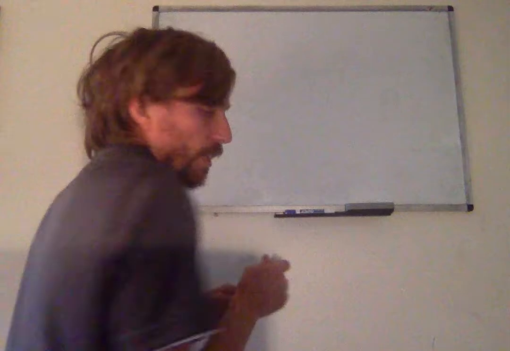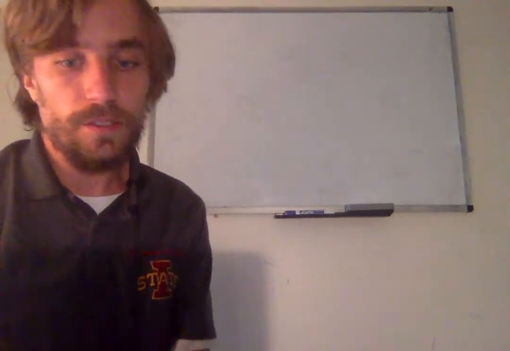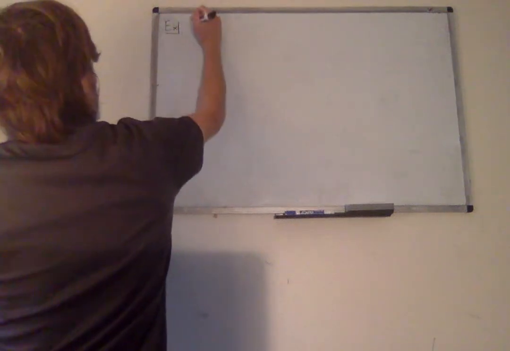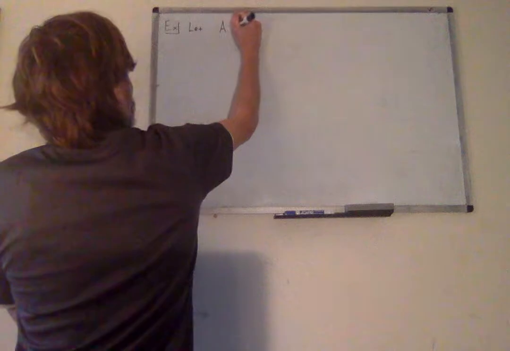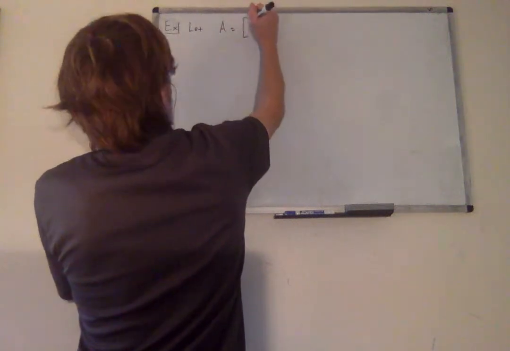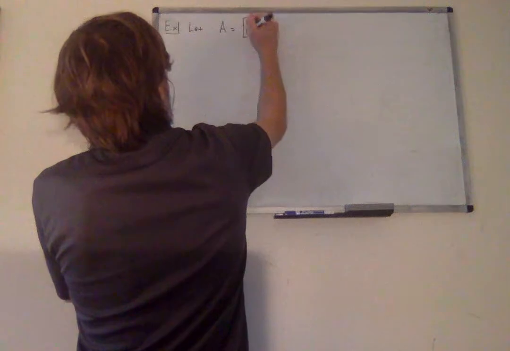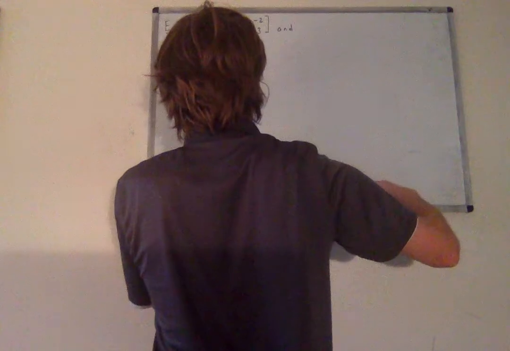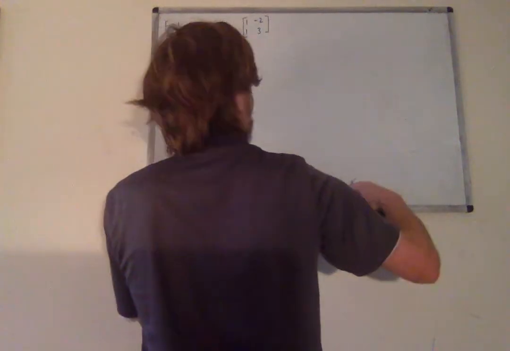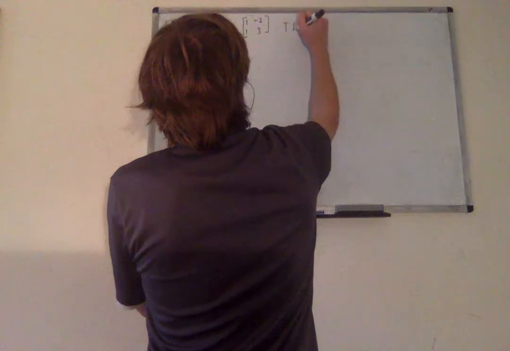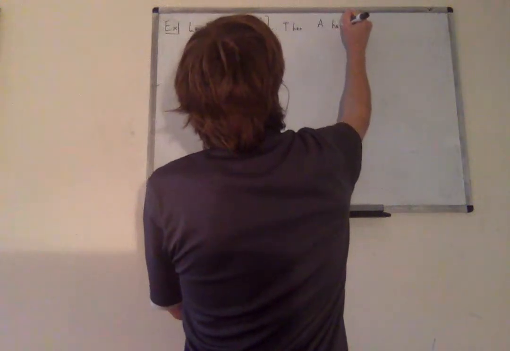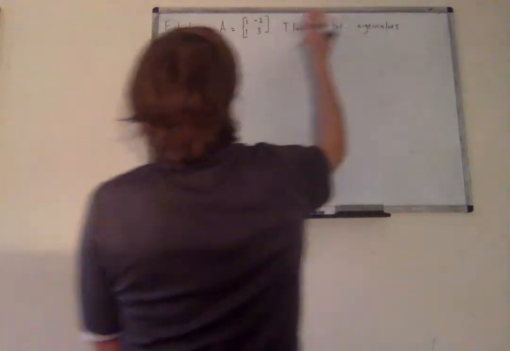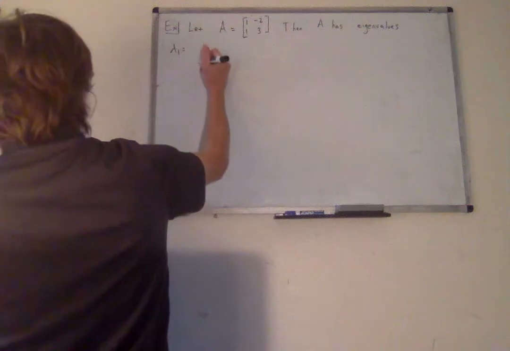So we're going to look at our familiar matrix A, which we now know all of the eigenvalues and the eigenvectors for. So then we know A has eigenvalues, and I'll list them separately here because I want to specifically look at one of the eigenvectors.